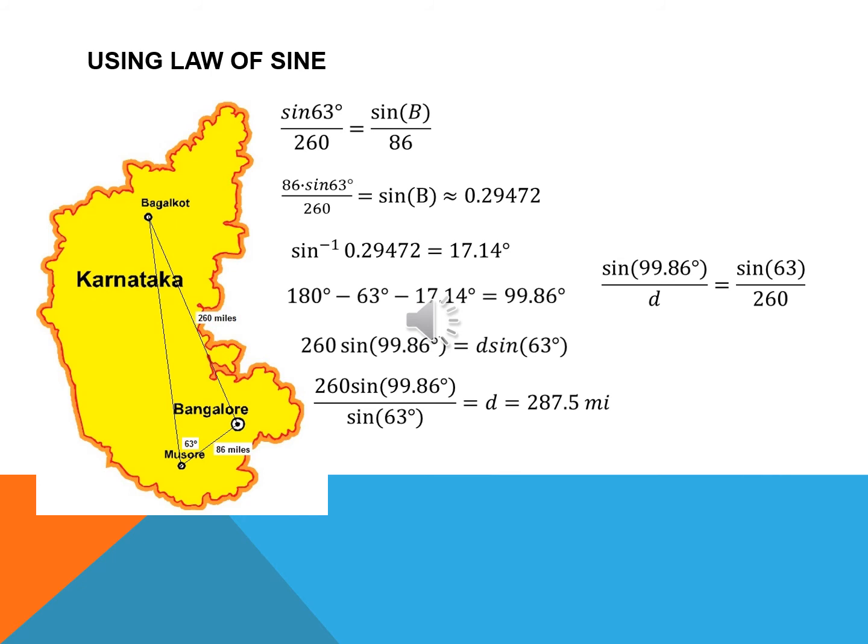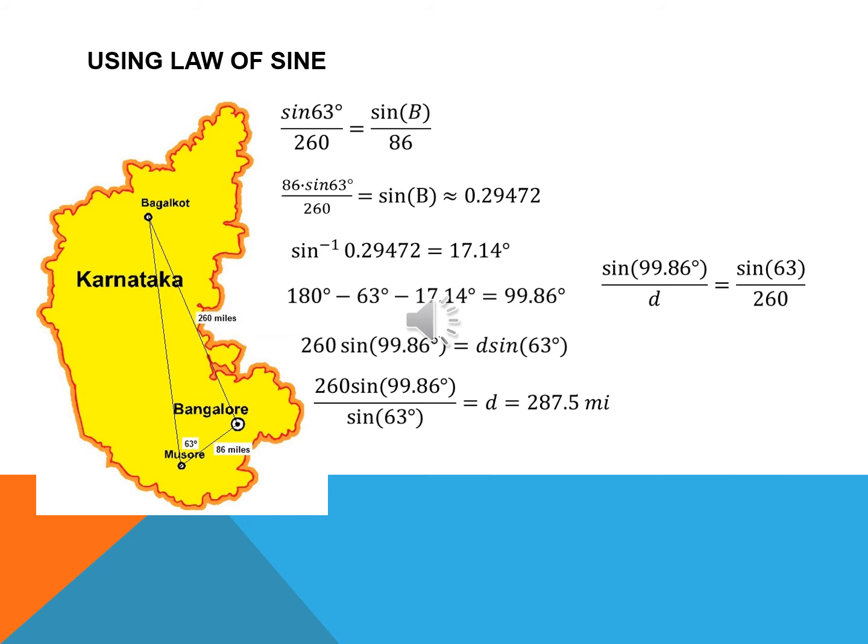I really want to find the distance from Musore to Bagalkot, so I really need the angle that's at Bangalore. But I have a triangle with three angles. I know that every triangle has angles that add up to 180. So now I have two of the angles. I can easily find the third by taking 180 and subtracting 63 and subtracting 17.14.